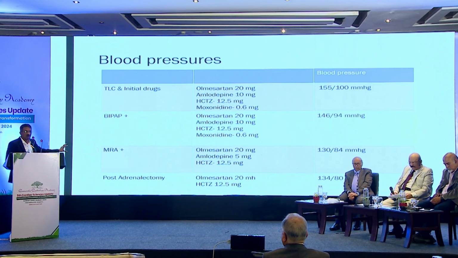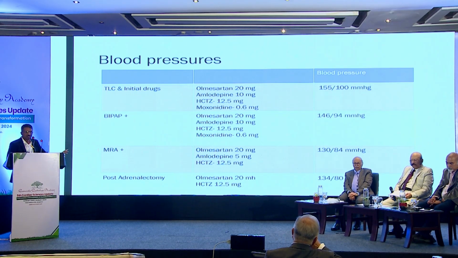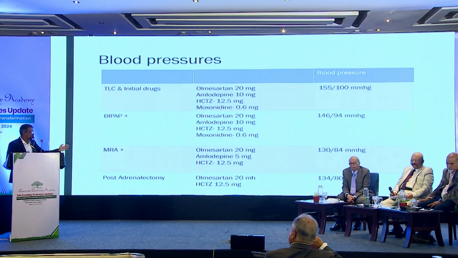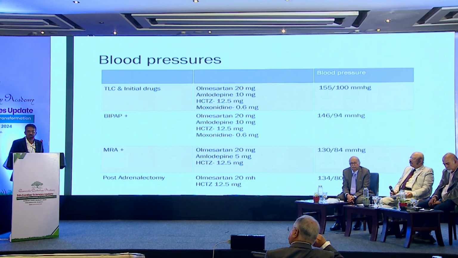Once we introduced MRA, with reduced doses of medication, the blood pressure came to 130 by 84, and the patient underwent laparoscopic unilateral adrenalectomy by our urologist. And look at the response to the treatment. With just minimal 2 drugs, the blood pressure came down to 134 by 80. So this is the beauty of diagnosing a secondary hypertension, because we know that we can treat it.